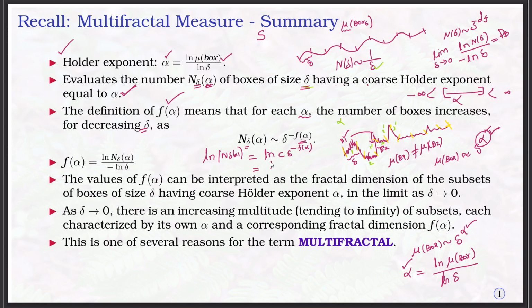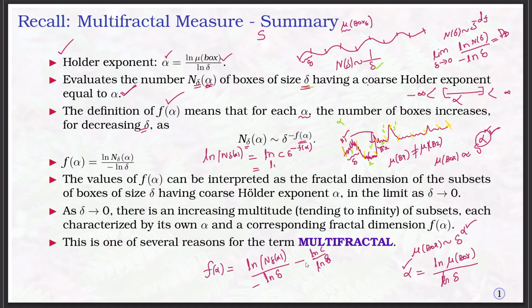This can be written as, if you are calculating f of alpha here, then f of alpha is ln of n delta of alpha over minus ln of delta. Then if you take this one, this becomes minus ln c by ln delta.